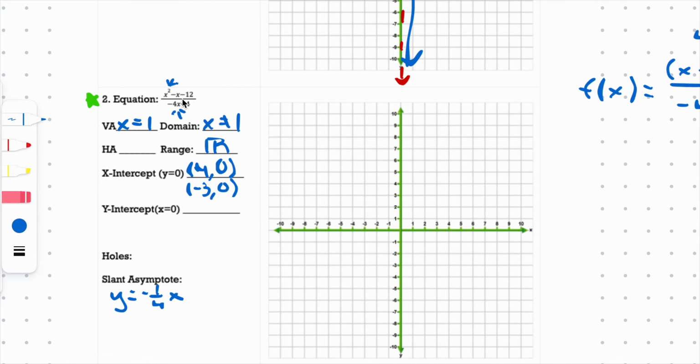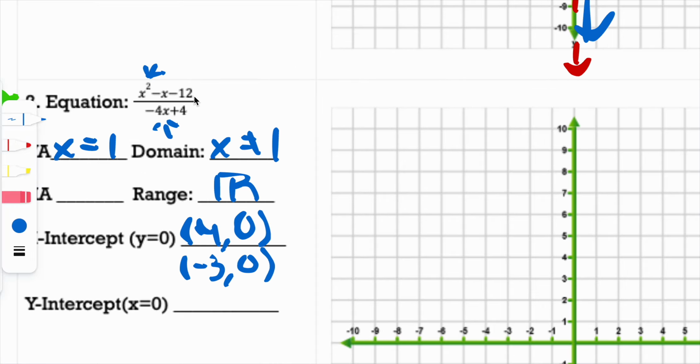I'm just going to look here: when we plug in 0, the x squared and the x minus x cancel, so we're left with -12 over 4, since the -4x cancels when we plug in 0. That's equal to -3. So our y-intercept is (0, -3).